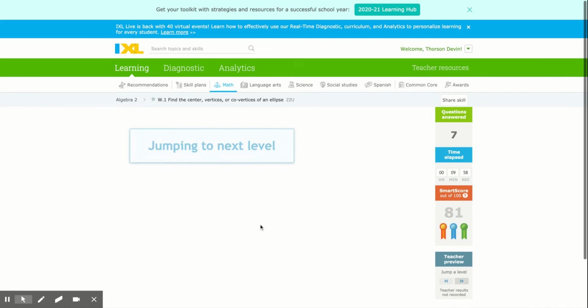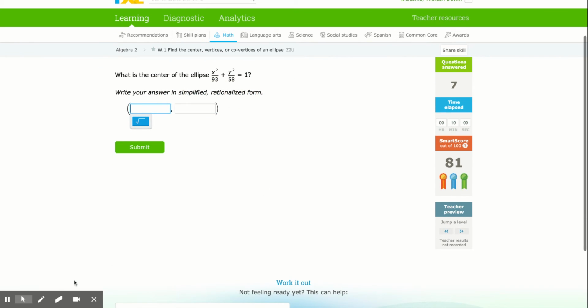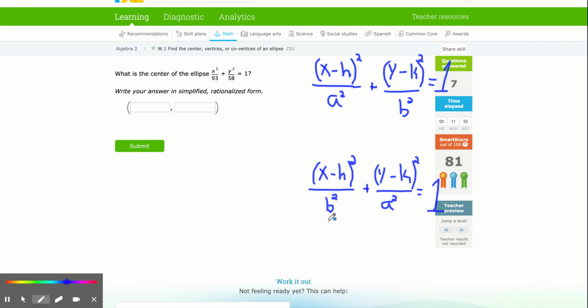So now let's talk about the equation for the ellipses. Now the equations for the ellipses look very similar to equations for circles, except the one difference is it's always equal to 1. It's not equal to the radius squared because ellipses don't have a constant radius.